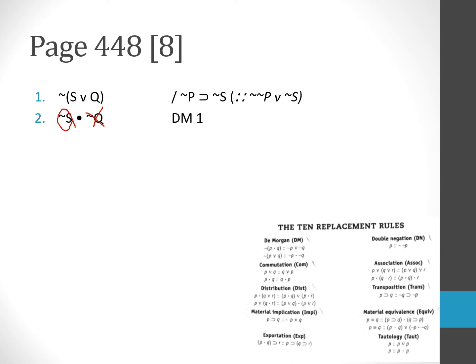But it presents a problem because I'm out of premises. I've already worked on one, and chances are, because I've only done a replacement rule, I can't make any more inferences about it. So when we have a one premise argument, we need to be thinking, if it's valid and it's a one premise argument, what are the chances that the lone premise is just the conclusion stated in a logically equivalent form?